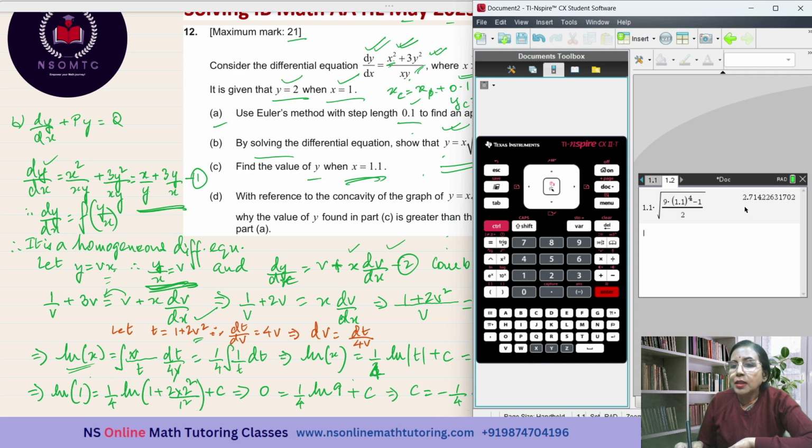It is 2.714 and so on. Up to 3 significant figures we can take it as 2.71.